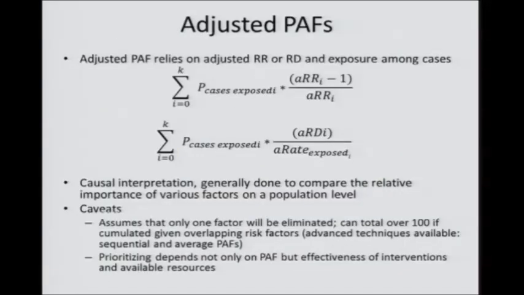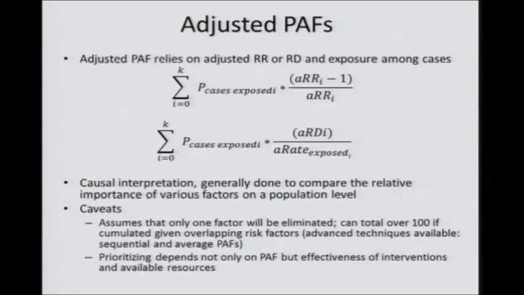So for adjusted PAFs, you really need the adjusted measure of association and the exposure among cases, not the total exposure rate. That's the only valid way. And you can sum these over categories as well, and you could do that for the crude PAF too. That's in the Rockhill reference that was in a previous slide.